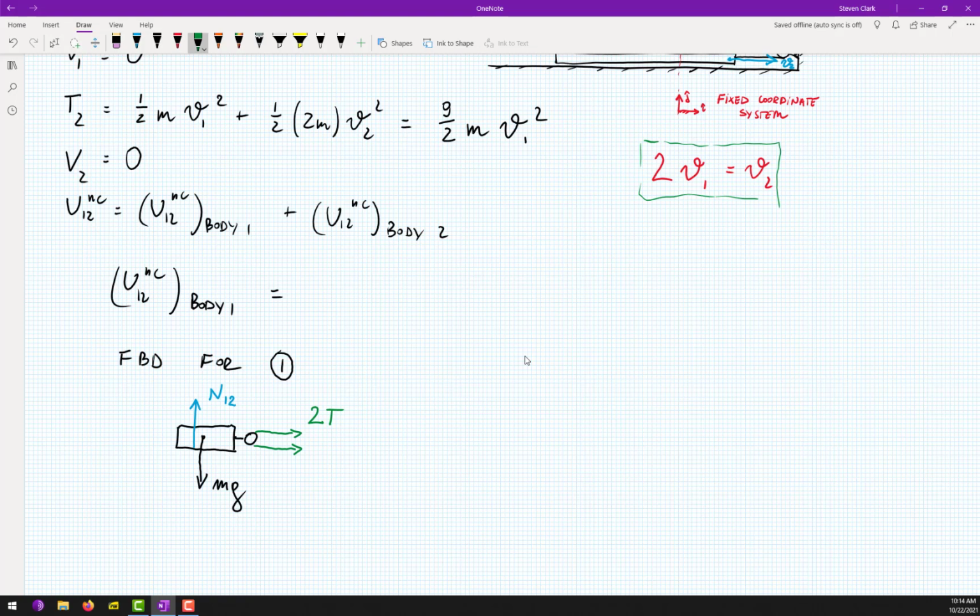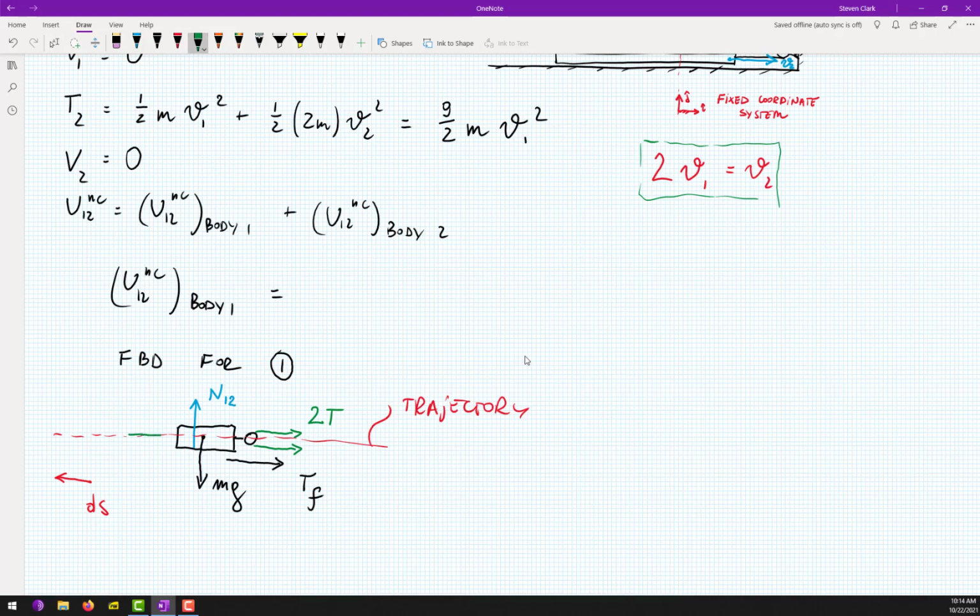And our body goes this way. This is our trajectory. Our body goes this way, ds. So there will be friction acting this way. And there is one more force acting on our system, which is, yes, you didn't say it, but you showed it, the applied force.